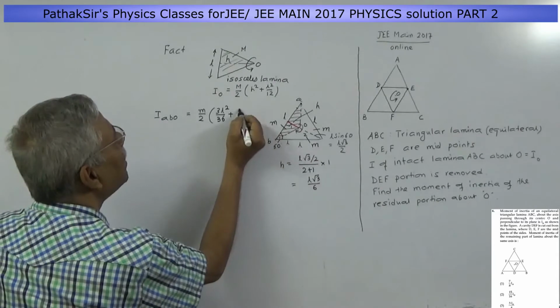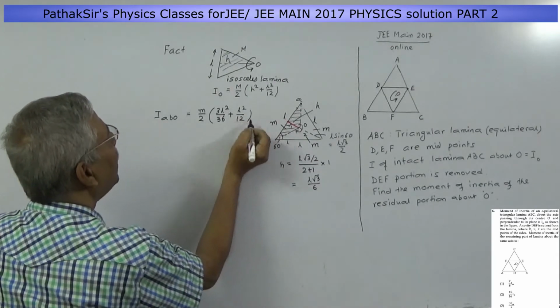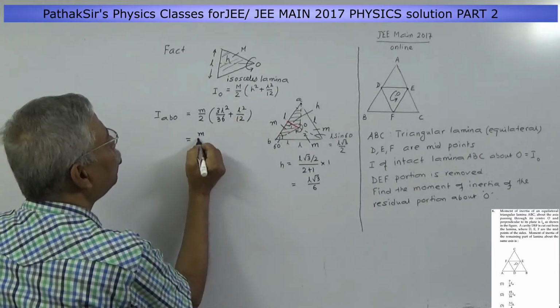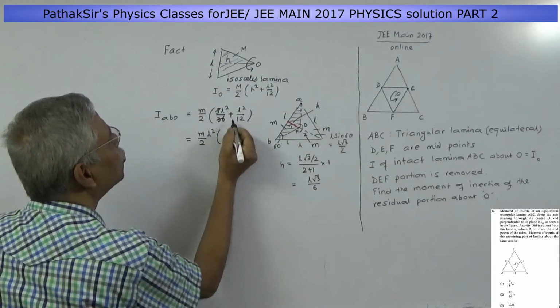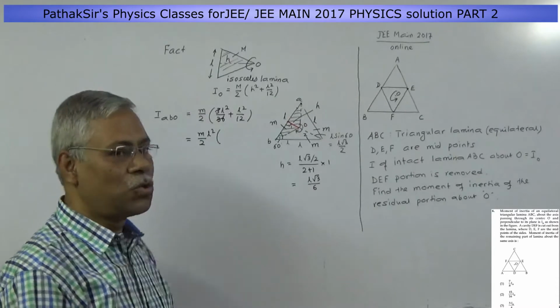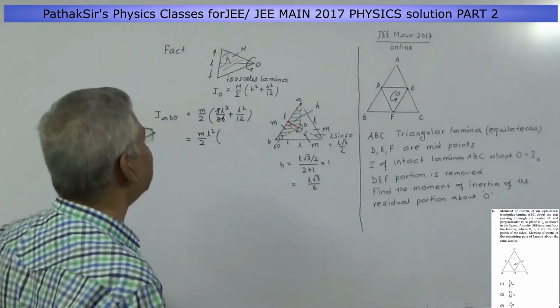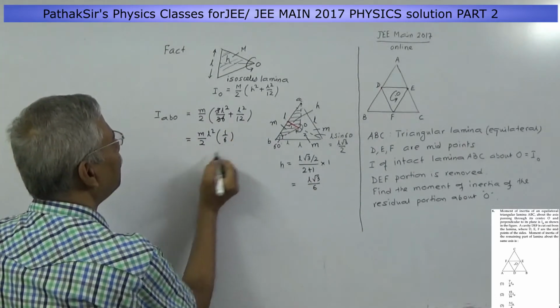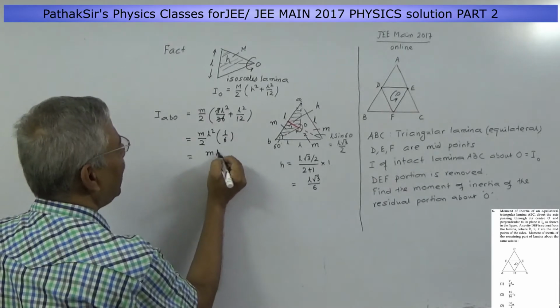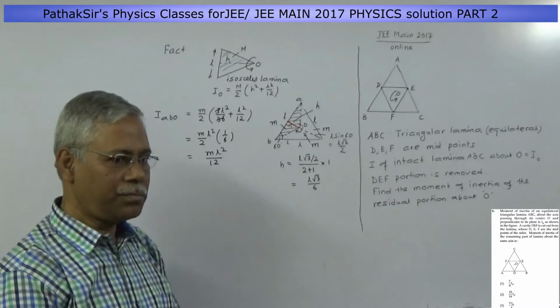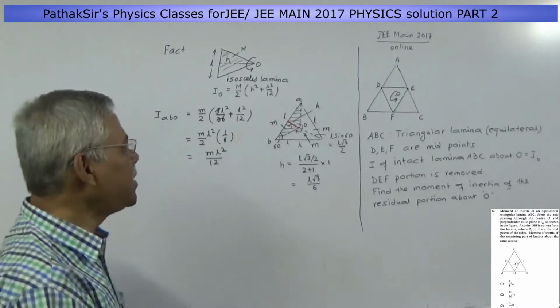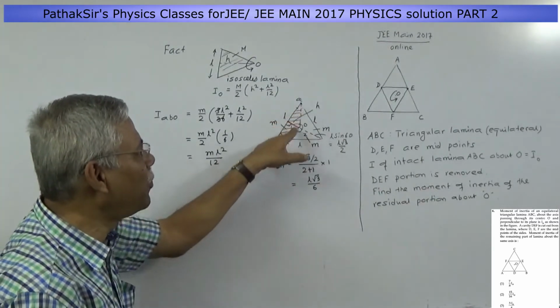So this equals m by 2, m L square by 2, 3 12s are, so 1 by 12 plus 1 by 12 means 1 by 6, equal to m L square by 12. Is it okay? So this is the moment of inertia of this triangle.